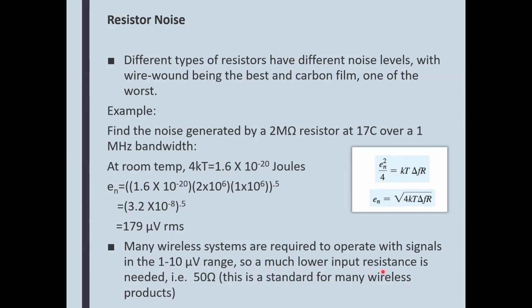So a much lower input resistance or impedance is needed, because lower resistance gives us lower noise: 2 mega ohms versus 50 ohms. 50 ohms is standard for many wireless products. In fact, coaxial cables for telecommunications come at 50 ohm impedance, the characteristic impedance, which we talked about last week.